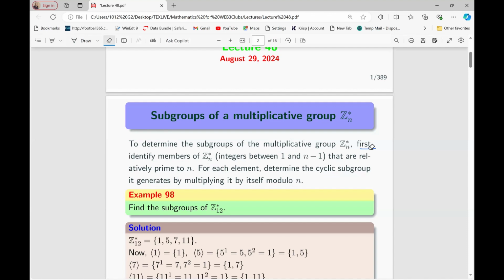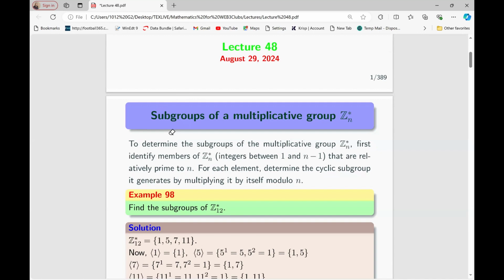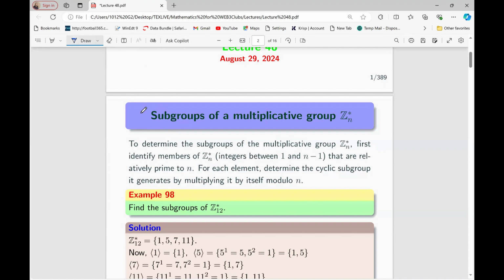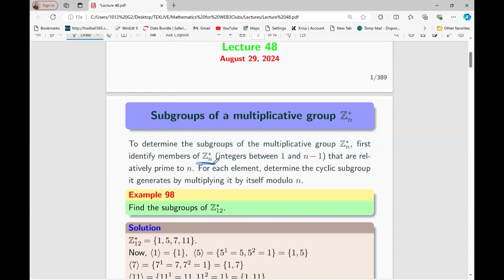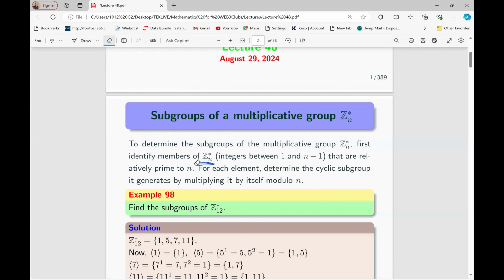We will have one function that gives us the integers which are relatively prime to n, that is, the members of the group. Then we'll have another function that uses those members to generate the subgroups. Then of course we'll also have the main function. So at least we will have 3 functions or more to do the roles we've just talked about.